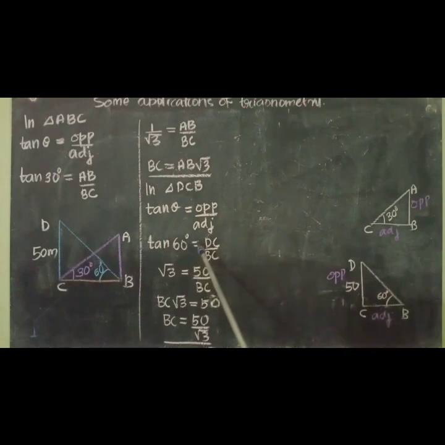Tan 60 degree equal to DC by BC. We know tan 60 degree is root 3 and DC is 50. So we get root 3 equal to 50 by BC. Cross multiplying, we get BC root 3 equal to 50. We can take the root 3 to right side. We get BC equal to 50 divided by root 3.